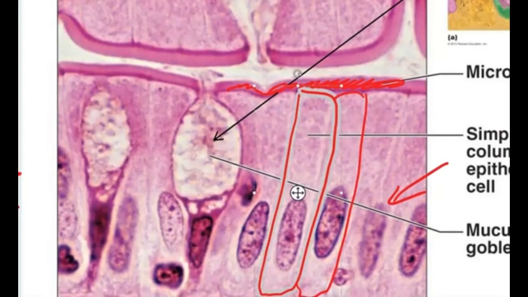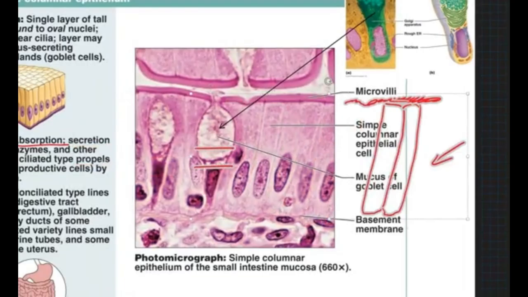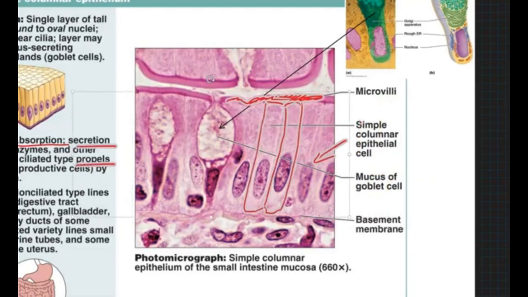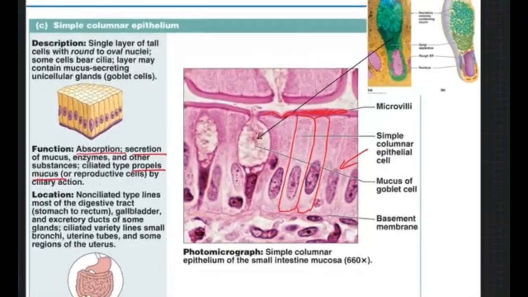But for example, in fallopian tubes, the columnar epithelium has cilia. Can someone suggest what is the function of cilia in the fallopian tubes? Movement of what? Oocyte and then egg. Yes.